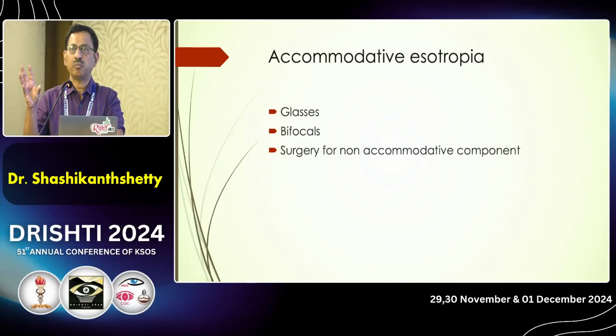Why we want to operate on this esotropia is to get it to a very small angle, like microtropia, so the patient develops binocular vision. The whole idea of operating on this patient and giving glasses is so that the patient develops binocular vision.